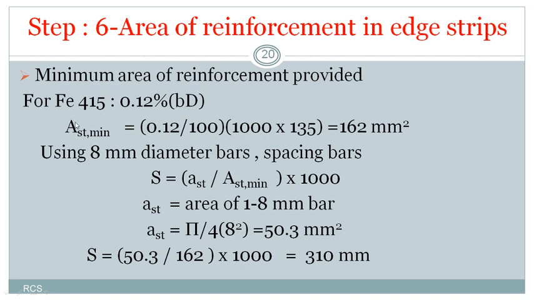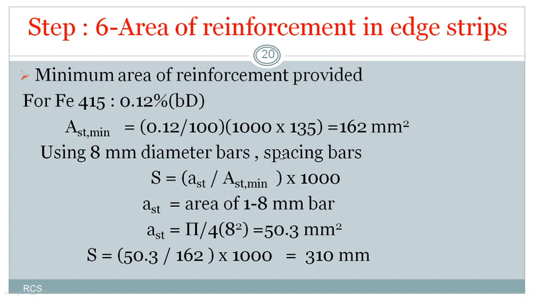In this problem, we are using Fe415 as the grade of steel. So AST minimum is 0.12 by 100, with B as 1000 and overall depth 135, and we get 162 mm square.